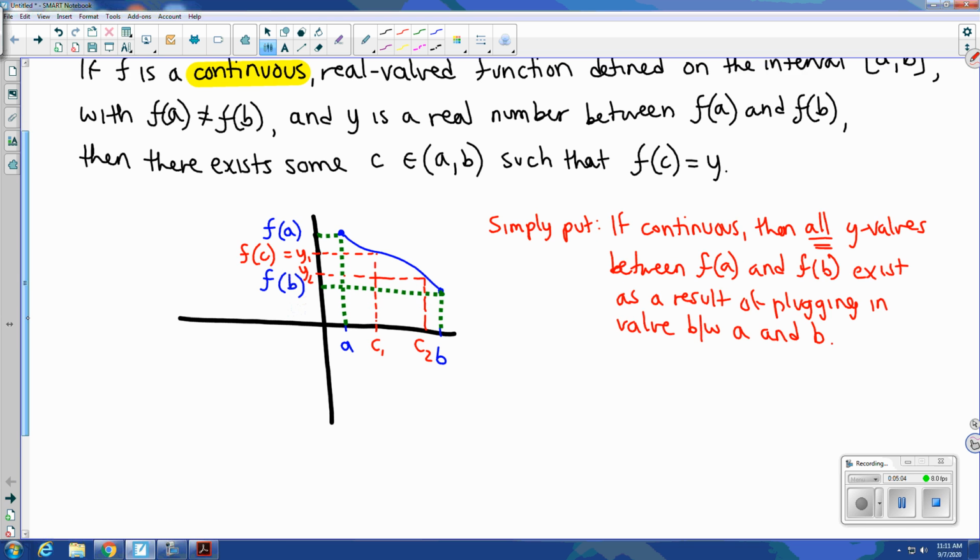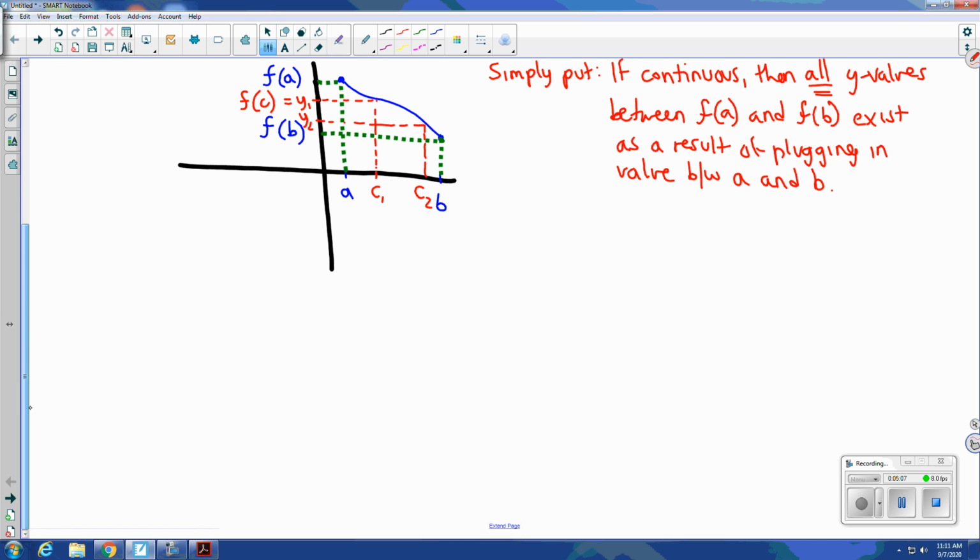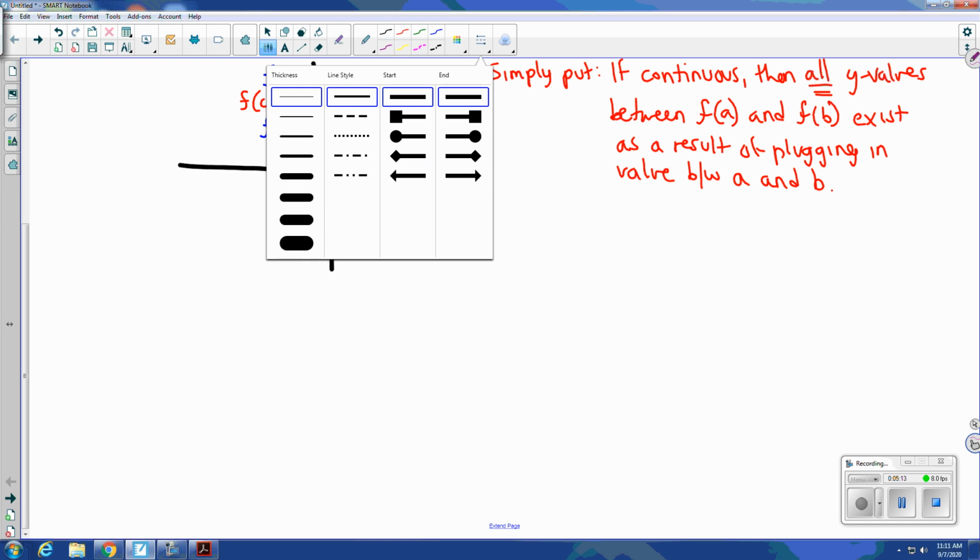Now, there is an extension to that that is a useful consideration. So let's write the extension to the IVT.